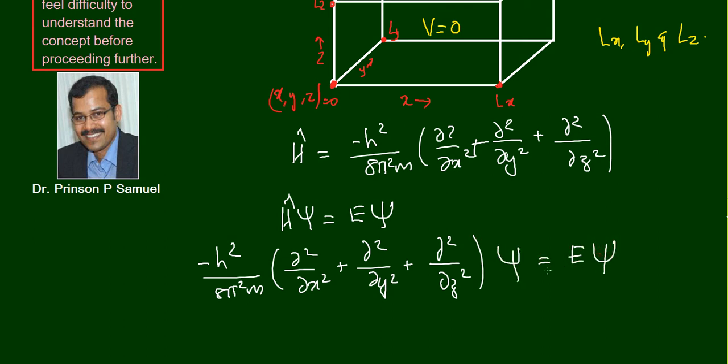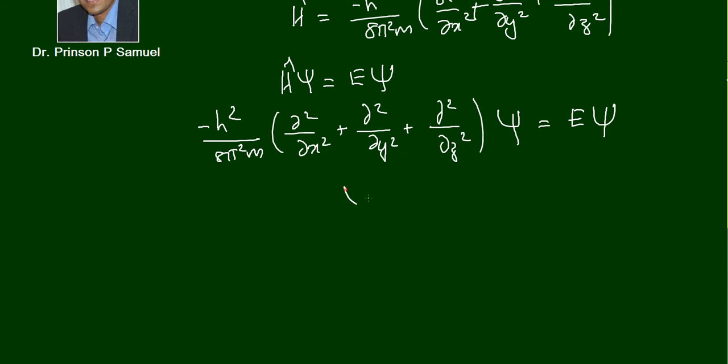This is the Schrodinger wave equation. Here psi is a function of x, y, and z.